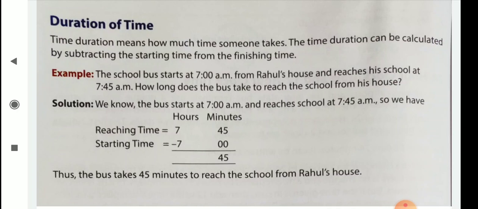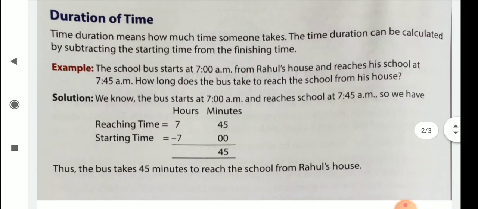How long does the bus take to reach the school from his house? Here solution is given. We know that the bus starts at 7 am and reaches school at 7:45 am. So for the duration of time we subtract reaching time minus starting time. Then we get 45 minutes.